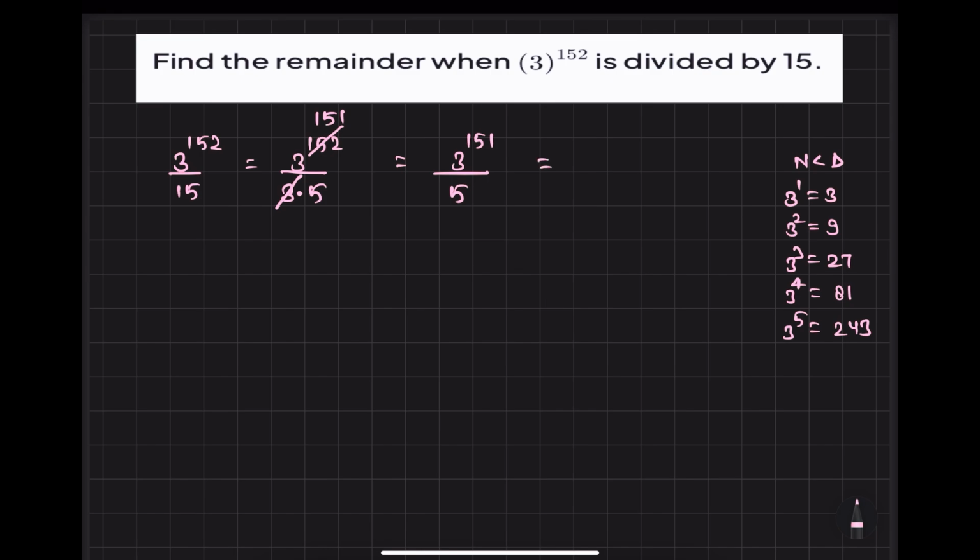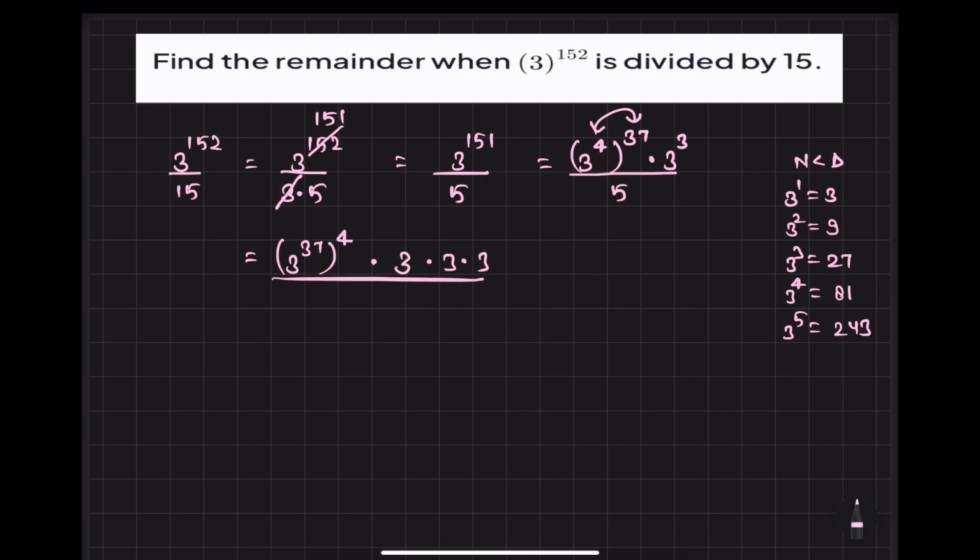So let's write 3 power 151 as 3 power 4 power something. 4 3s are 12, carry 3, and then 7 28. So we have 3 power 3 left, correct? Now can I interchange these two things? So we will have (3 power 4) power 37 into 3 into 3 into 3, by 5.